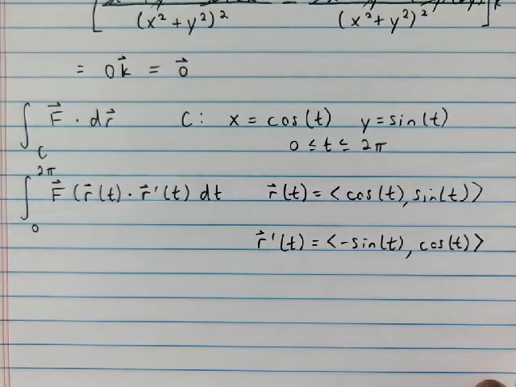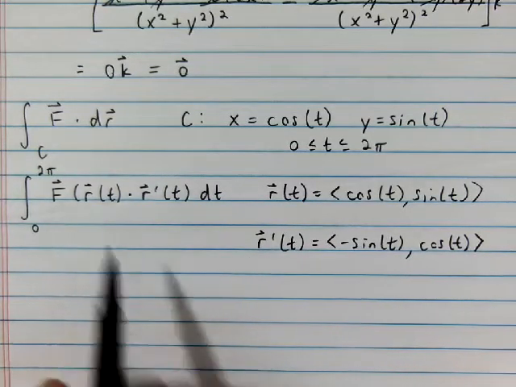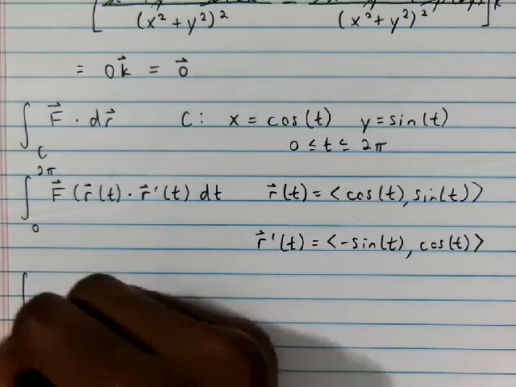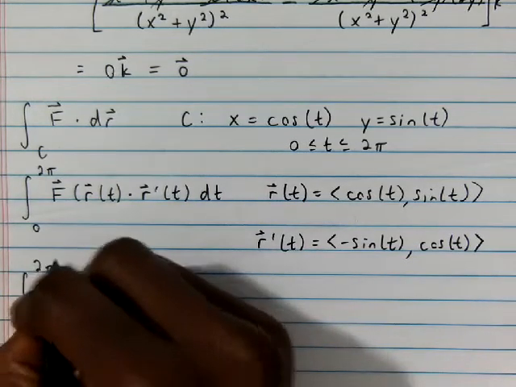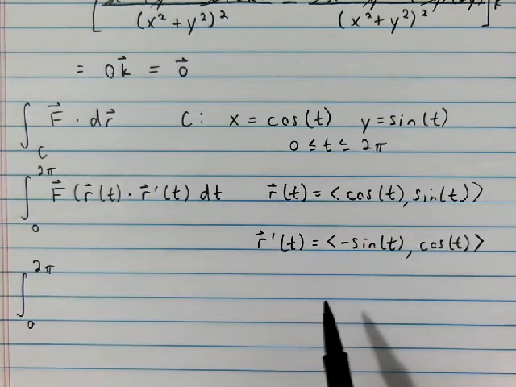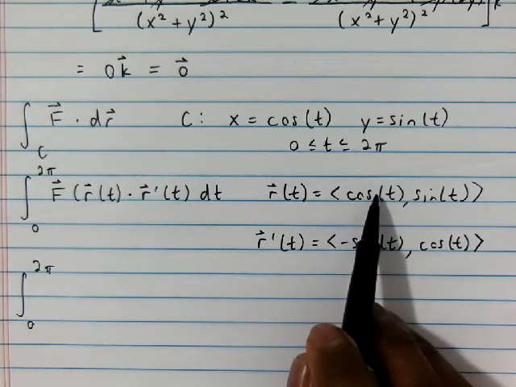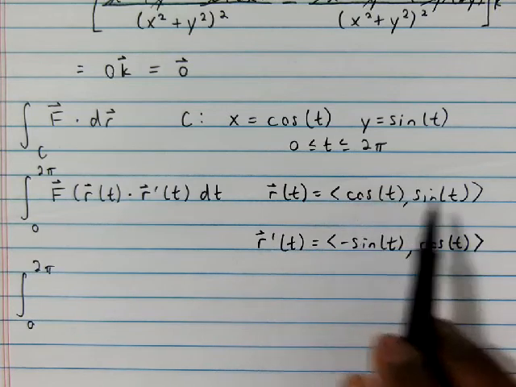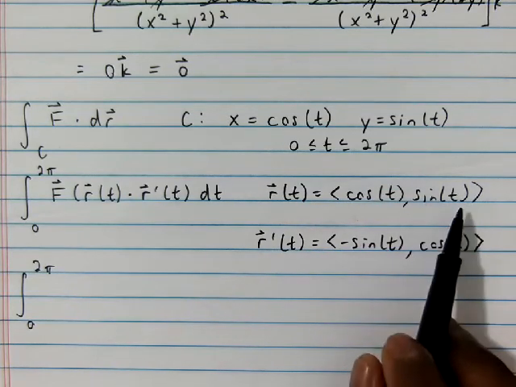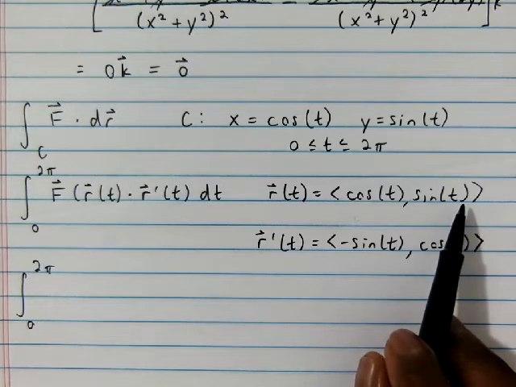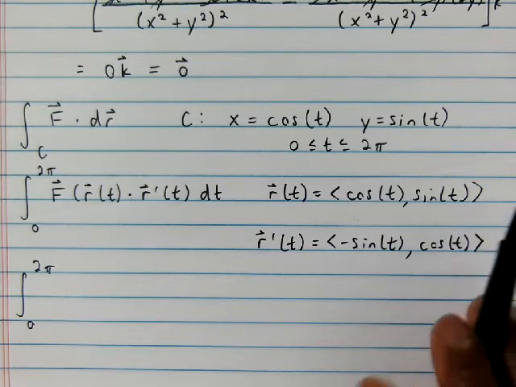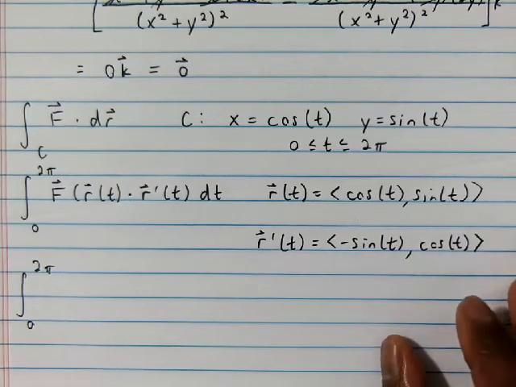Now if we put everything in, the integral from 0 to 2 pi of F of r of t. We're taking cosine t and putting it in for all of our x's in the original vector field we were given, and sine t for all of our y's. In that vector field, the denominators were x squared plus y squared in both terms, so we'll just get 1 in our denominator for both of them.